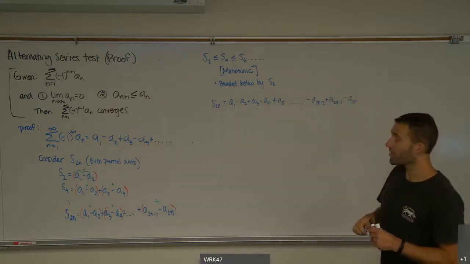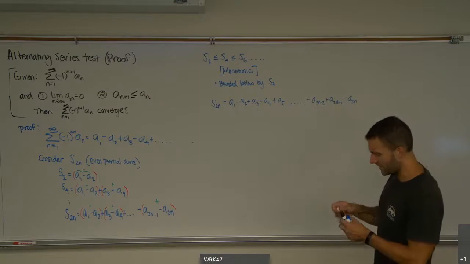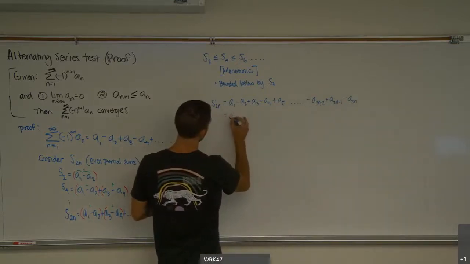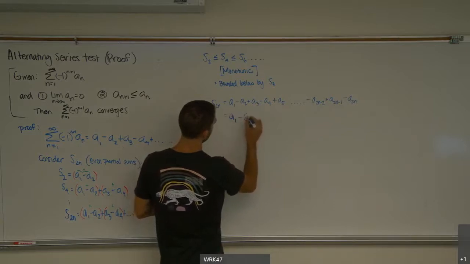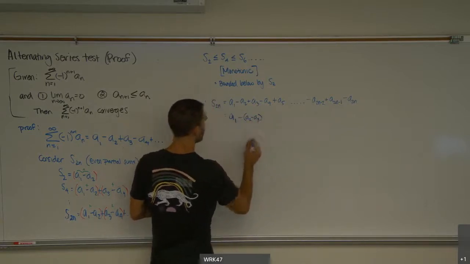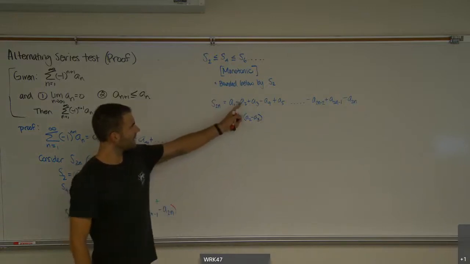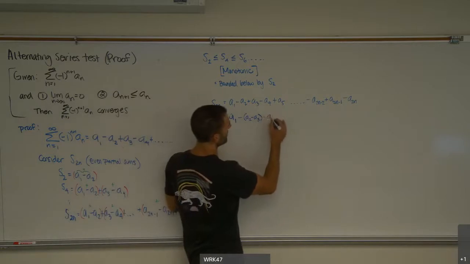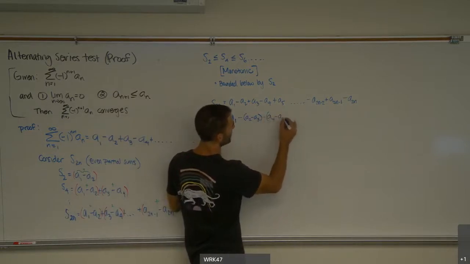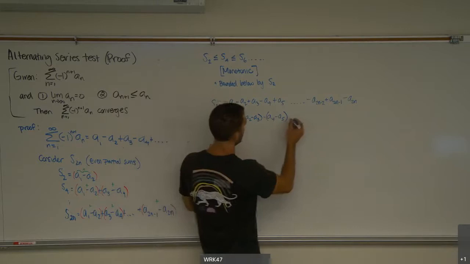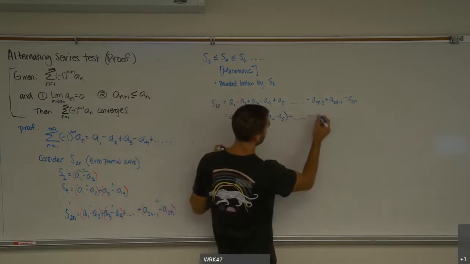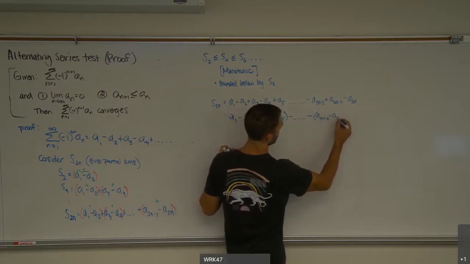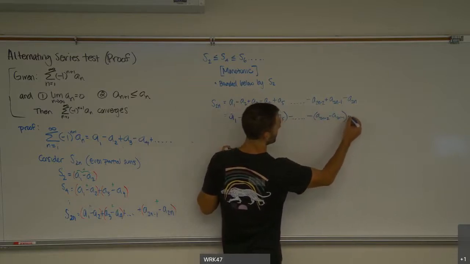The reason I'm writing out a couple more terms is because I'm going to pair them a little bit differently. In this case, I'm going to leave A1 by itself, and I'm going to factor out a negative from the next 2 terms. So I get A1 minus A2 minus A3. Factor out a negative from these 2 terms, I get minus A4 minus A5. Minus dot, dot, dot, minus A2n minus 2 minus A2n minus 1, and then minus A2n.